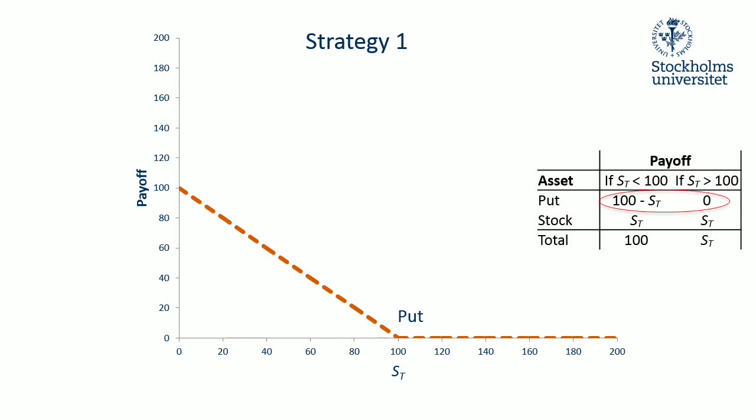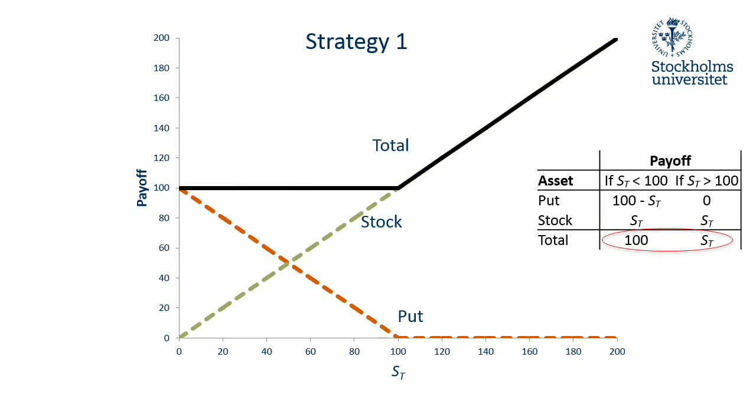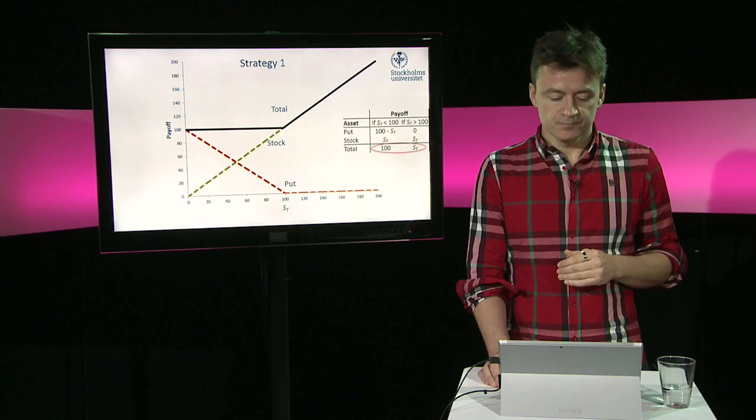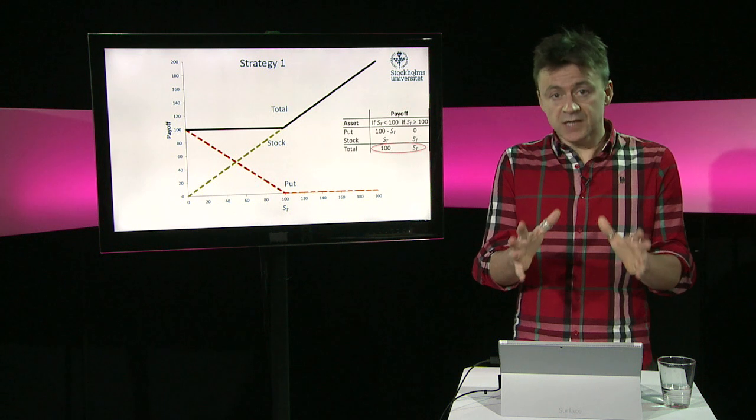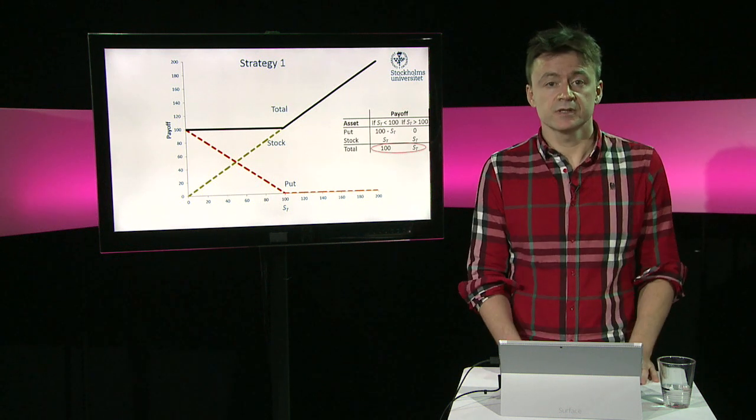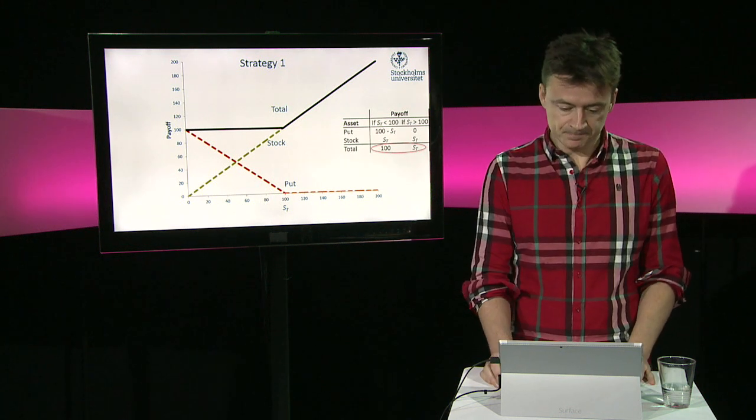The payoff of the stock, which will just be the price of the stock at maturity, will look like that. And then we have just derived that the payoff of the complete strategy will be that one. By the way, this strategy is also known as a protective put, as you have already seen.